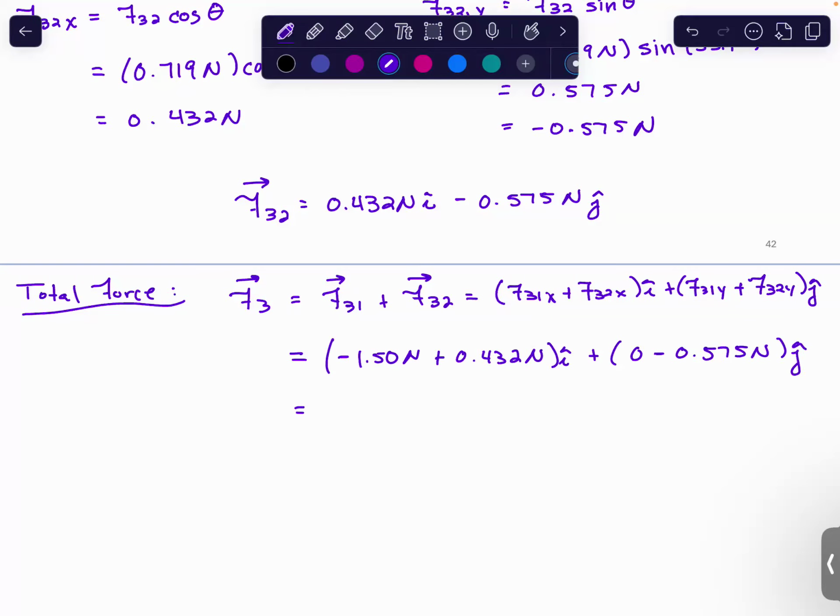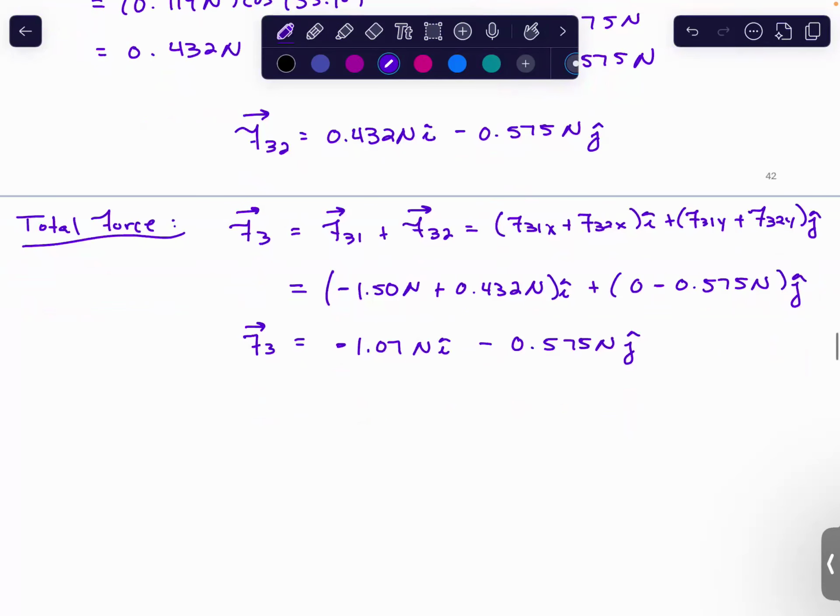The total force vector is going to give us a third quadrant vector. So then, of course, we want the magnitude of this.